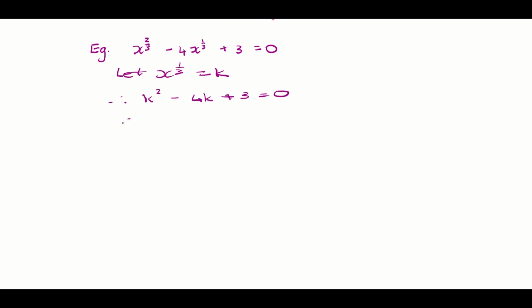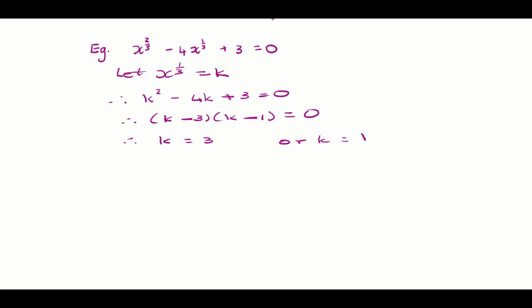Now I just factorize, put two brackets equals 0. k is your first term in each bracket. 3 and 1 are your second terms, and because my middle term is -4, both the signs here will be negative. So therefore, k is equal to 3, or k is equal to 1.